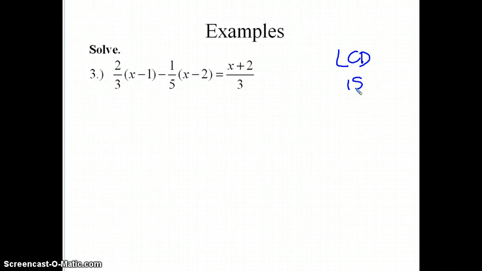Again, I like to get rid of all subtractions right away, so I'm going to change that to adding a negative 1/5. And then I'm going to multiply through by my LCD of 15.